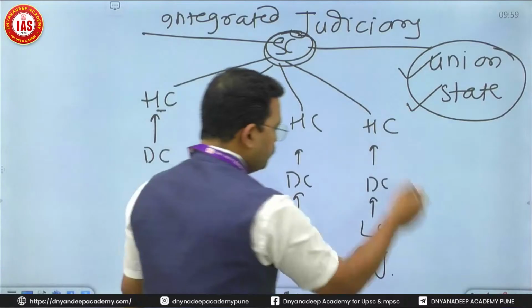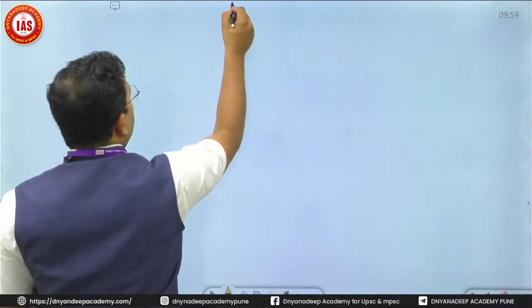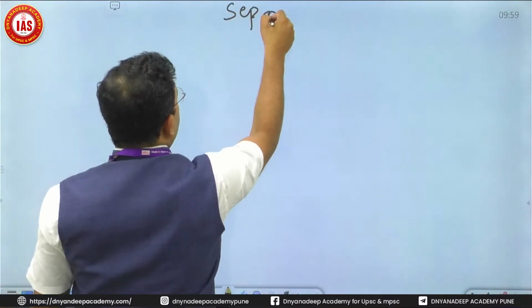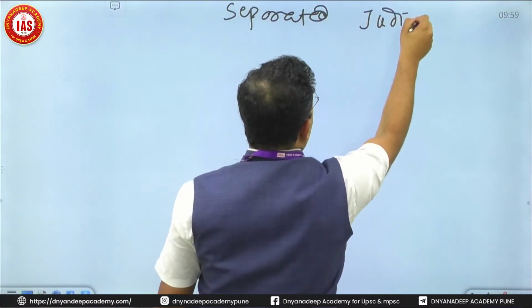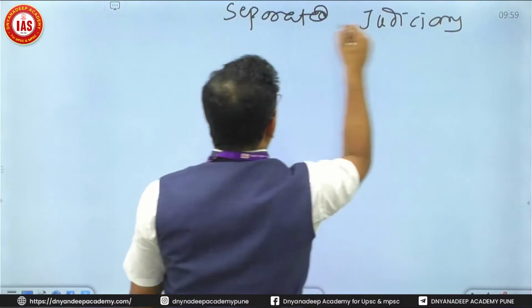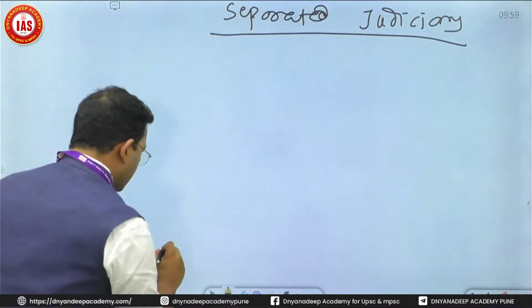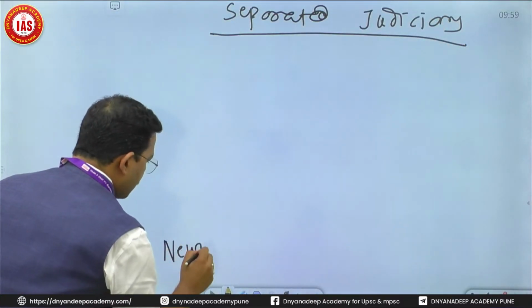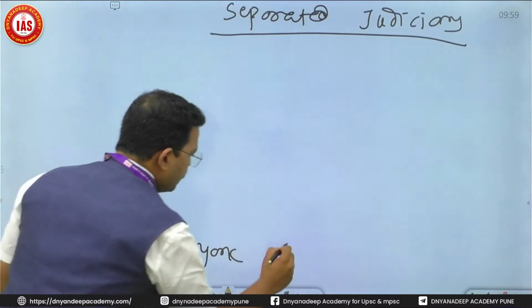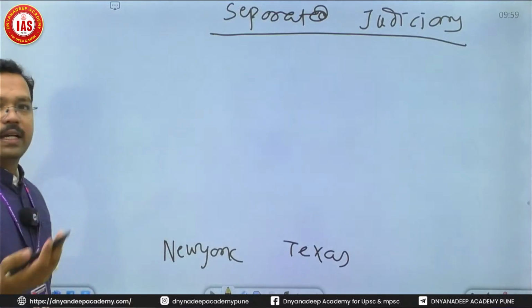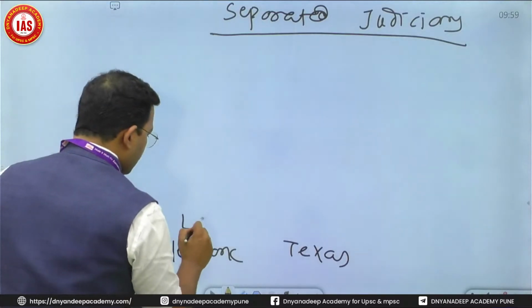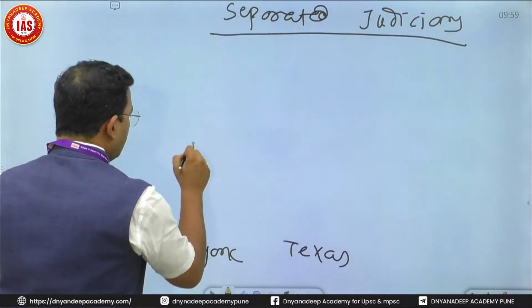See, let's think about USA. They have separated judiciary. Let's take an example. Here it is New York State. Then there is Texas. We'll take two examples only. Now the same hierarchy. Like here lower court is there, then district court, then high court.